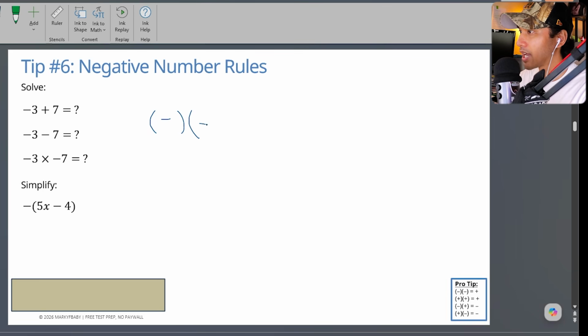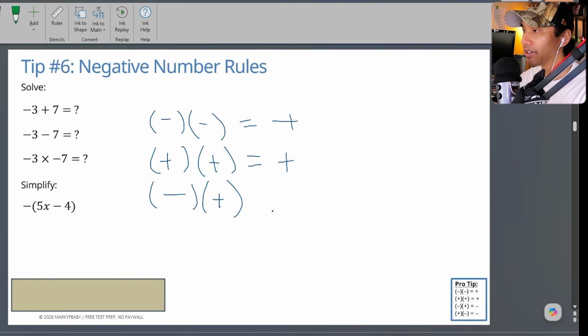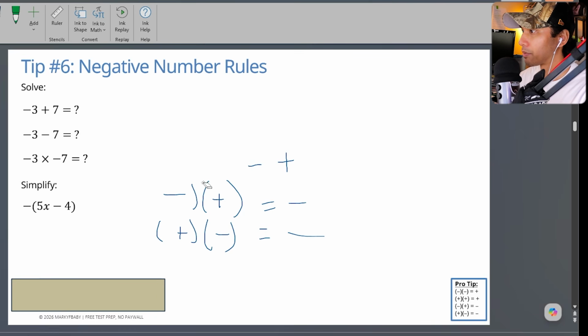A negative times a negative equals a positive, okay? A positive times a positive equals a positive. And anything with a negative multiplied by a positive will always be negative, okay? Whichever way you want to put it, it's always going to be a negative. Remember these. So let's just solve these simple problems.